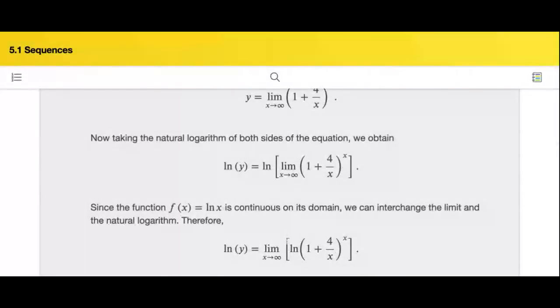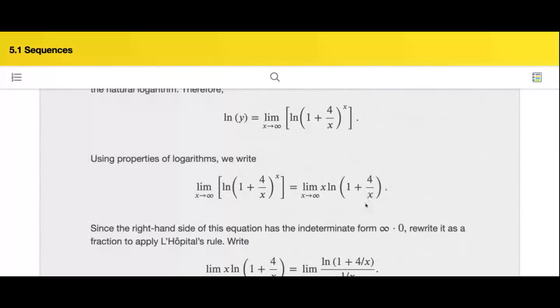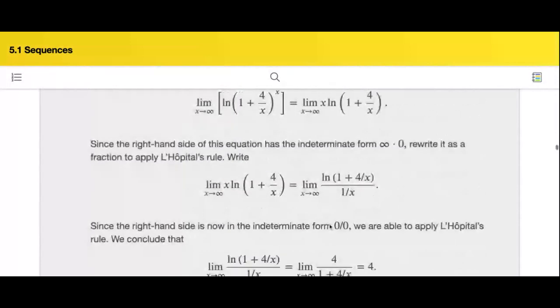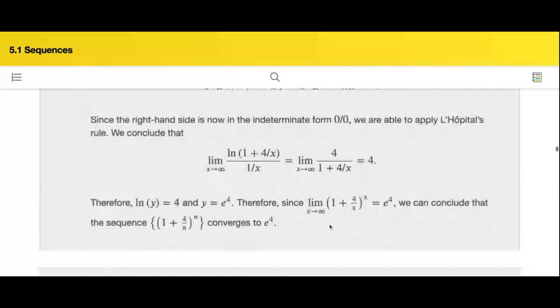Take logs on both sides, then in the end, we get 1. So that's why the limit as n approaches infinity of 1 plus 4 over n raised by n equals e to the 4. That's the definition of the Euler number, and also the proof of it.